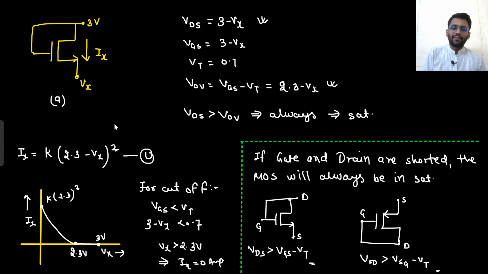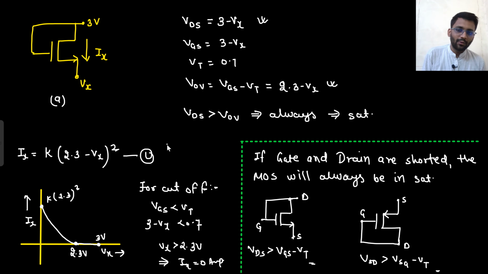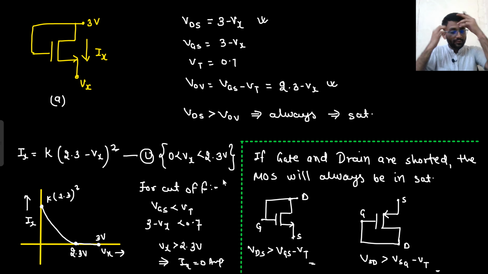Now people will say, sir, if I put Vx equals 2.4 volt in this equation, then the current would be K into 0.1 square. No, the current will be 0, because this equation is valid only for Vx value 0 to 2.3. If Vx is greater than 2.3 volt, Ix will always be 0.